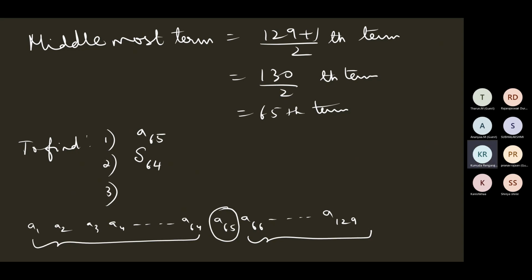So first you need to find the middlemost term, that is A65. Then you need to find S64, the sum of the first 64 terms. And then you need to find the sum of all the terms from the 66th to the 129th.